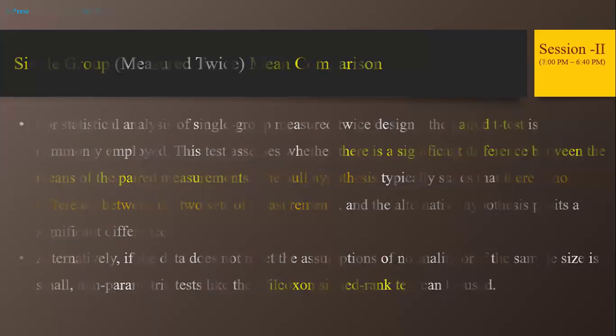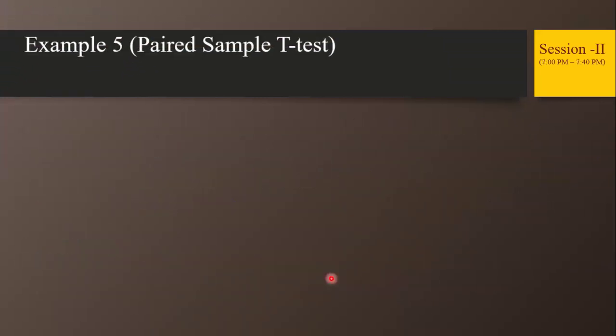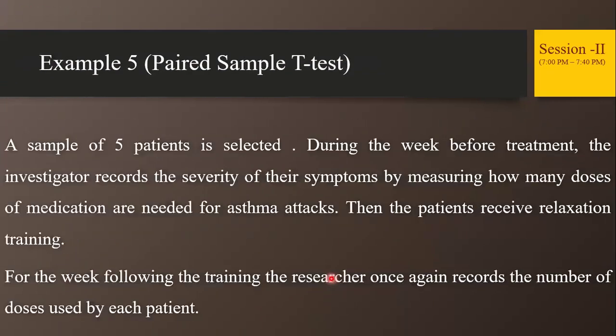So let's go towards it. We have example number 5. A sample of 5 patients is selected during the week before treatment. An investigator records the severity of their symptoms by measuring how many doses of medication are needed for an asthma attack.